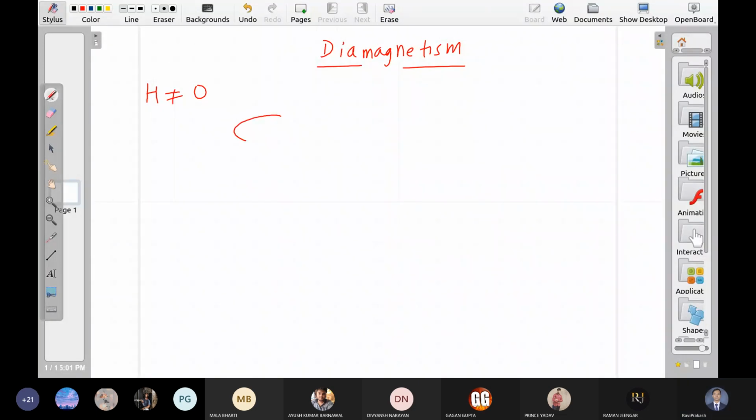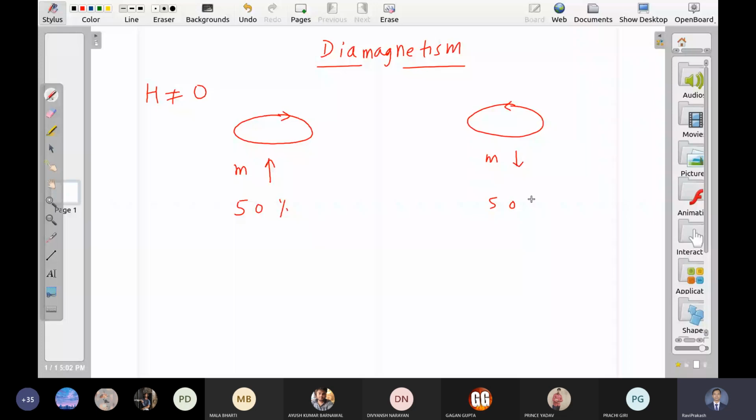Electrons are moving clockwise, or magnetic moment is up, or electrons are moving counterclockwise, or magnetic moment is down. Both types of atoms are roughly 50%, and therefore their net contribution is 0.